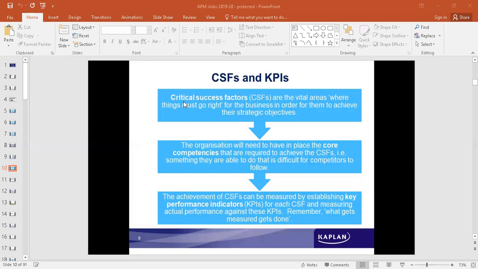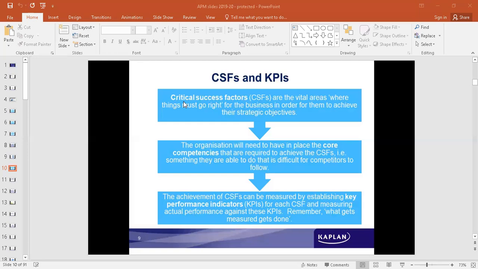So CSFs and KPIs, but in between that, there is another important aspect which has to be focused on, which is the competencies. See, the organization will need to have in place the core competencies that are required to achieve the CSF. Once the CSFs are achieved, they are measured with the help of KPIs.